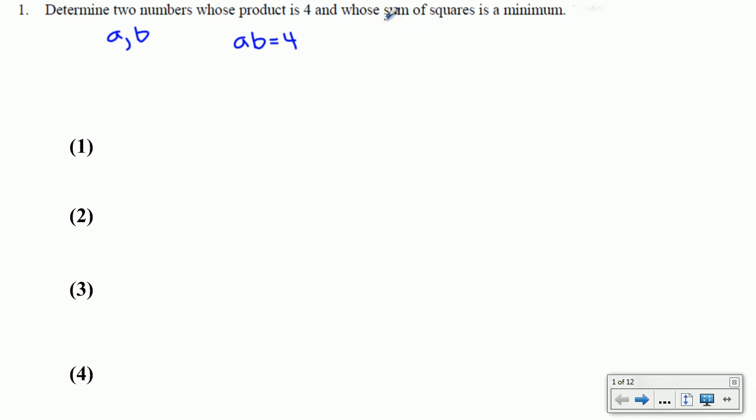So we can call the sum of squares, that's the thing we need to minimize, S, and we require a squared plus b squared to be a minimum. Now this equation has 2 variables, so what we'll need to do before we go much further is write this in terms of a single variable, and that'll allow us to take the derivative a little bit more easily.